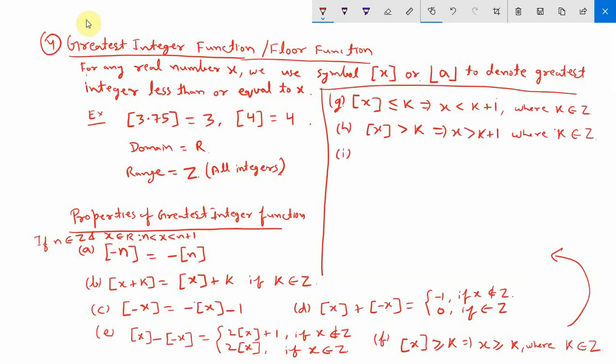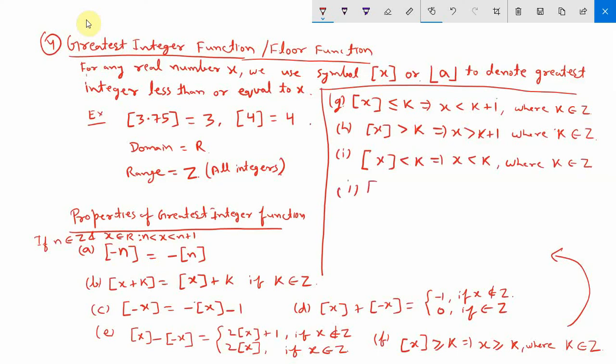Next property is the greatest integer function of x is less than k, it implies x is less than k, where k is an element of integer. Okay.